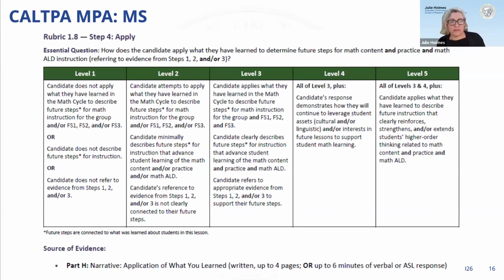Like, what are your next steps now that you've finished teaching this lesson? What did you learn? What do you wish you could do differently? That's really basically referring back to evidence in your teaching. Describe to me your next steps for how your students are going to progress in this math. Are you going to go back and reteach, or what are you going to do different?